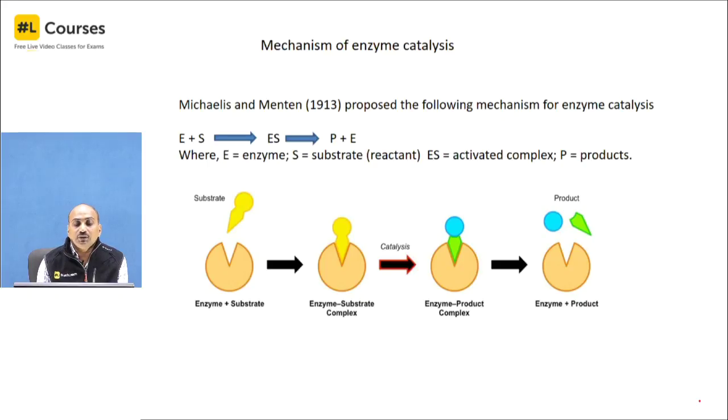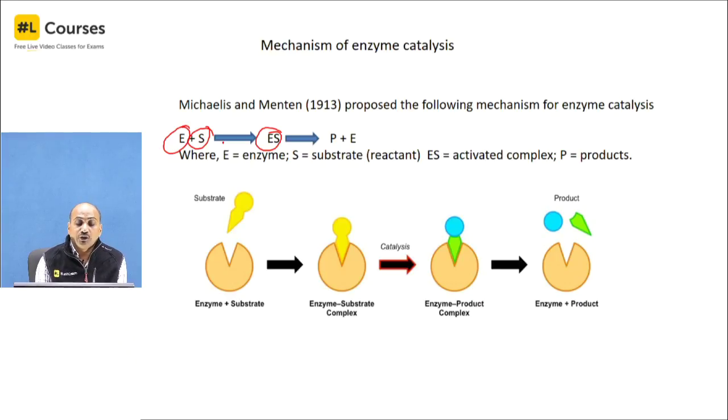When we talk about the MM equation, we talk about E, which is your enzyme, and the substrate, which in chemical kinetics we call a reactant, here we call a substrate. When they combine together, they form an ES complex, that is the enzyme substrate complex.